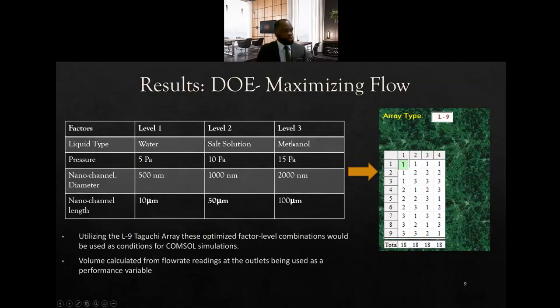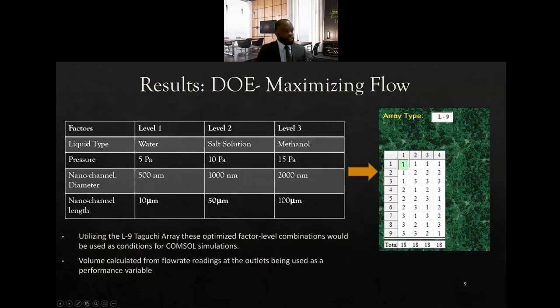So because of the COVID pandemic and the restrictions that it caused as far as facilities and the use of laboratory spaces, we pivoted and thought that pursuing a DOE in order to find factor level combinations that maximize flow throughout the device would be a worthwhile pursuit.